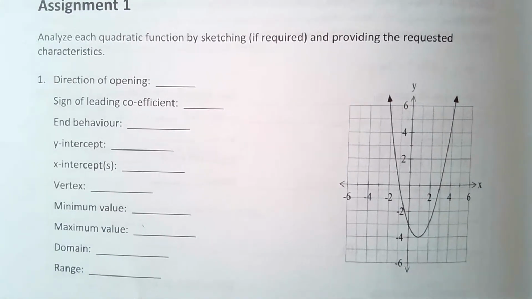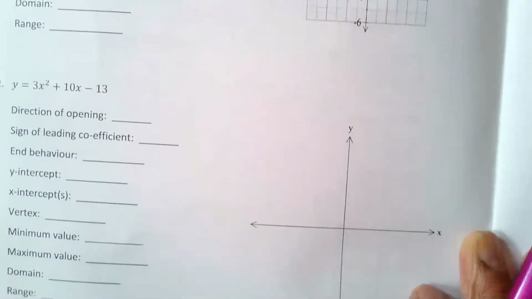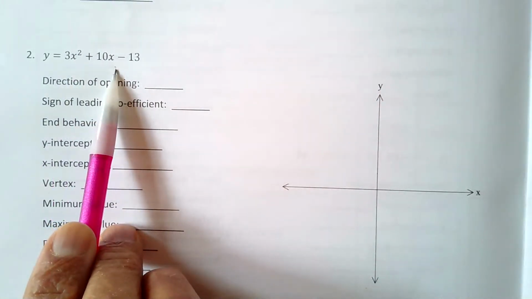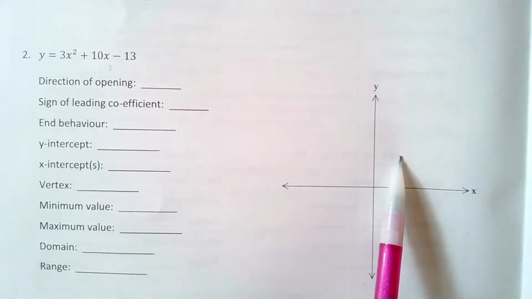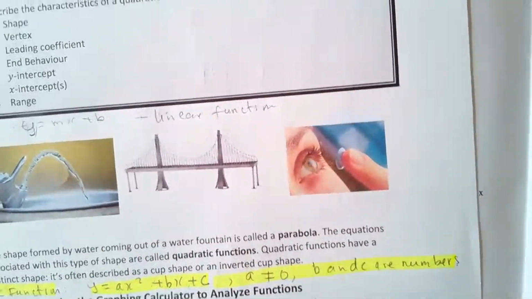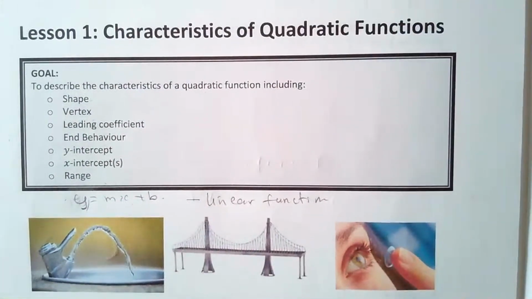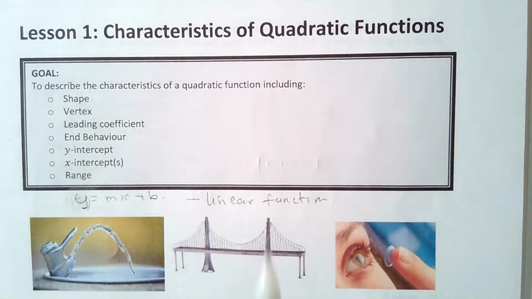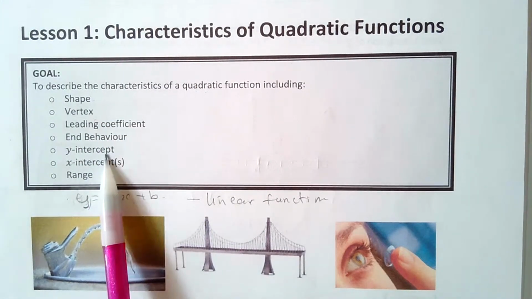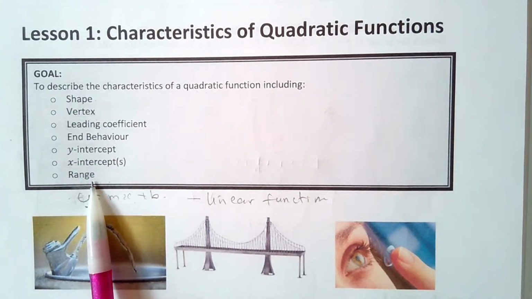In our next lesson, you're only given an equation, and now you have to find the shape of the graph. That's our next lesson. Okay, so to recap, our lesson, quadratic function, begins with lesson 1, part 1. We look at the shape, the vertex, leading coefficient, end behavior, y-intercept, x-intercept, and range.